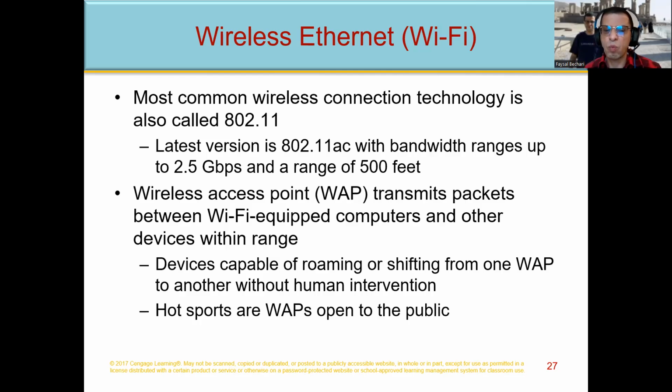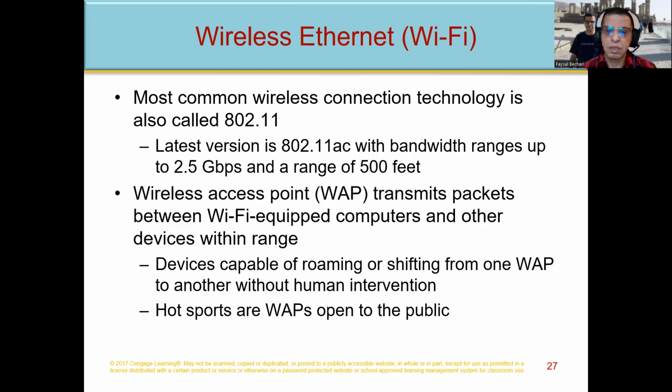Then you have a WAP, which is a wireless access point that transmits. So it takes the data and makes it into packets. A wireless access point transmits packets between Wi-Fi equipped computers like yours and other devices. So it takes it and transfers it to other devices, for example.